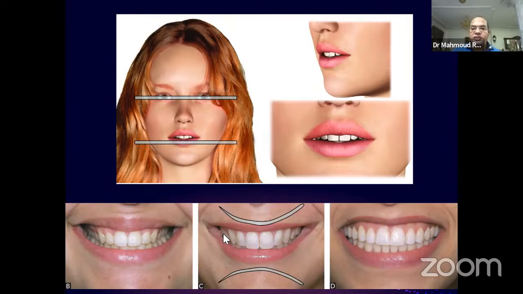If we make it normal like this, we give sufficient space for the bolus of food during chewing and give good aesthetics. It also gives a space for the buccal mucosa and the cheek during chewing and decreases the chance that the patient bites his buccal mucosa here.